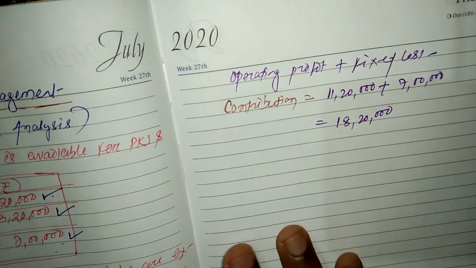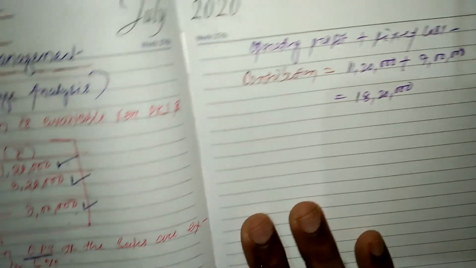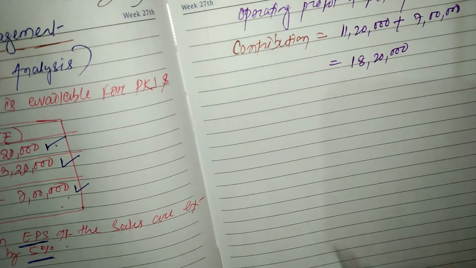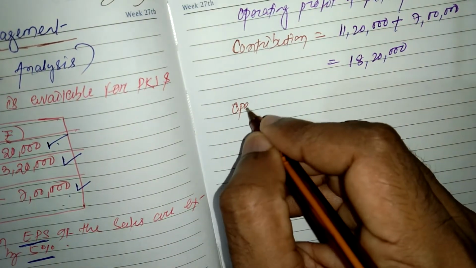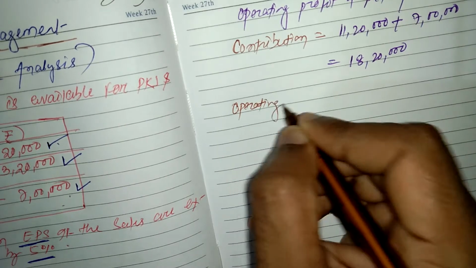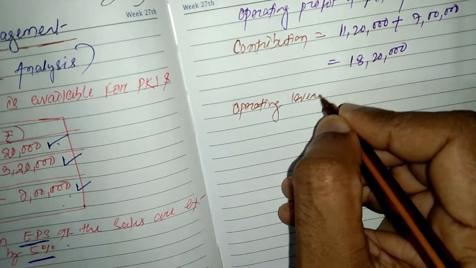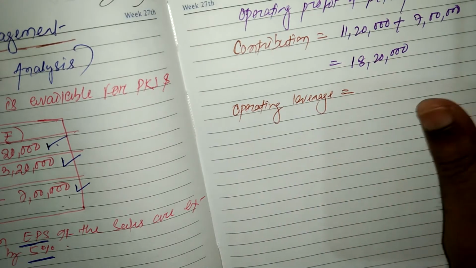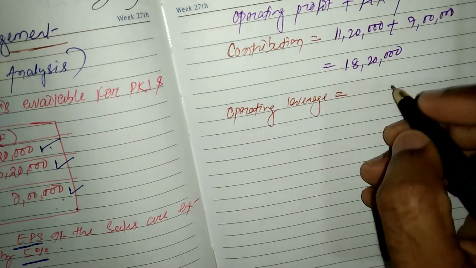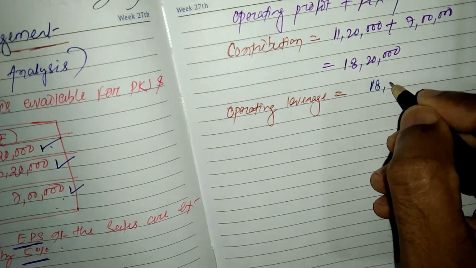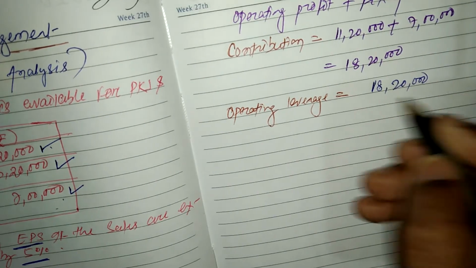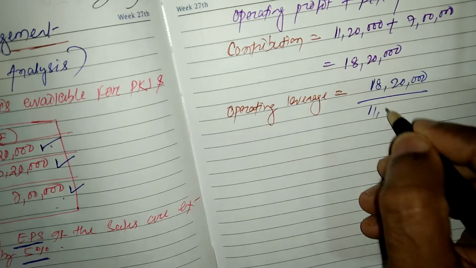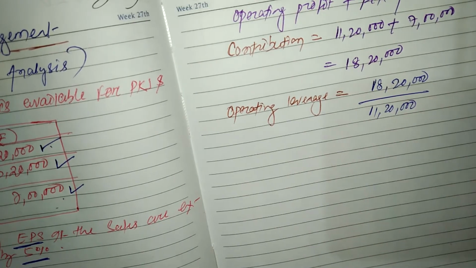Now operating leverage will be contribution, 18,20,000, divided by EBIT, given as 11,20,000.